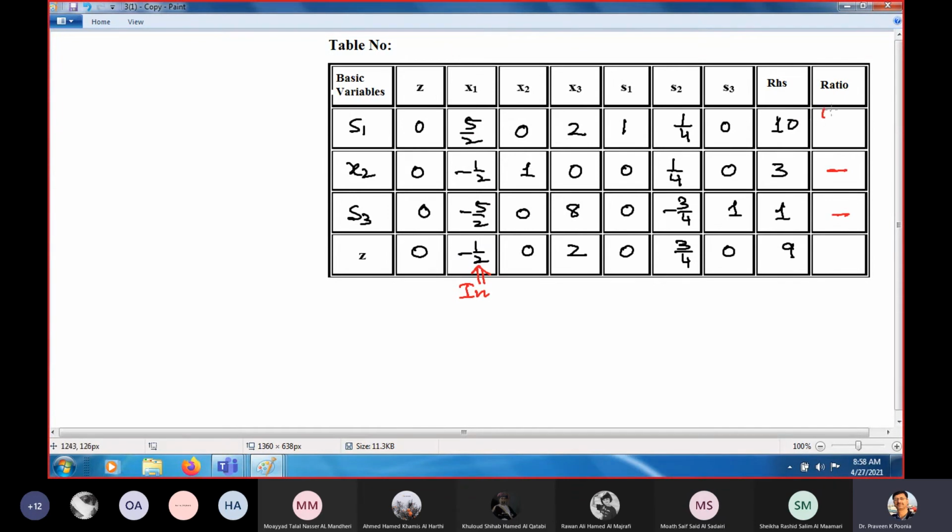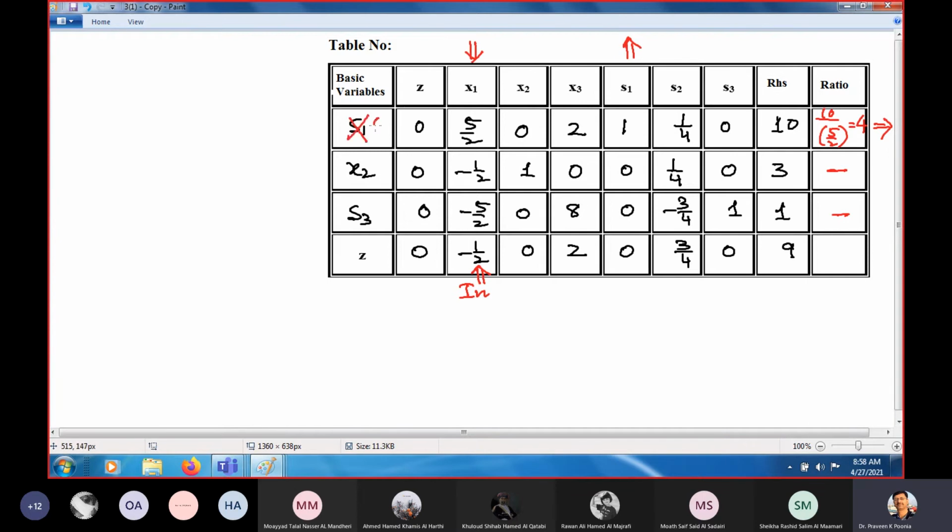And how are we getting the ratio? 10 divide 5 by 2. 10 times 2 is 20, 20 divide 5 is 4. And this is out. Means S1 is out. And X1 is in.